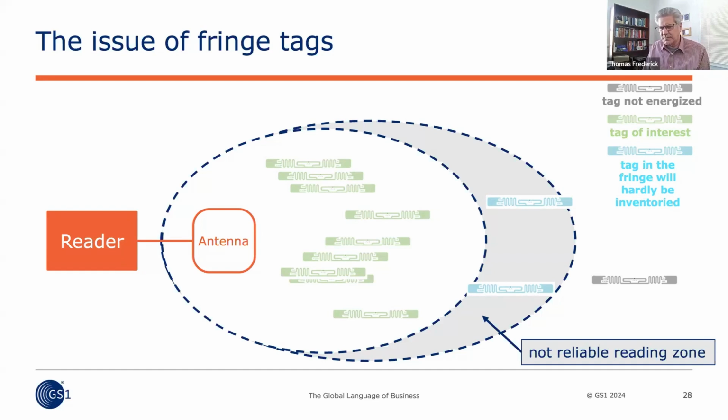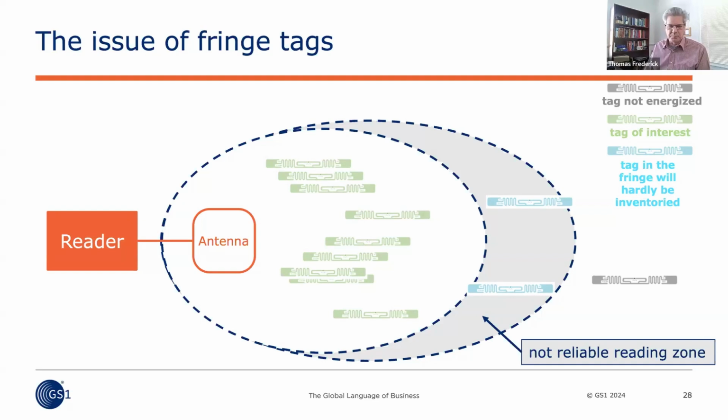I think this new spec allows for up to 2 dB of field adjustment, which accounts for about 25% of the read zone. So whatever the good read zone is, there's an additional 25%. And if you have some large uniform population of tags, that ends up being a fair number of tags that can be unsuccessfully participating in the inventory process.